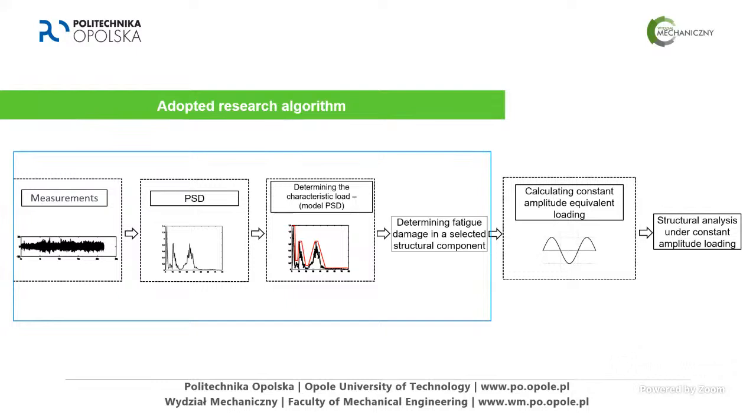So the research algorithm has four steps: the real measurement, the calculation of the PSD, then determining the characteristic load, the model PSD, where we want to make an envelope of the graph, and then determining the fatigue damage in the selected structural component and calculating the fatigue life.